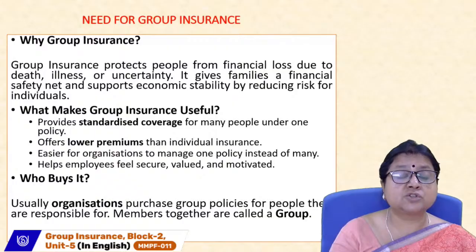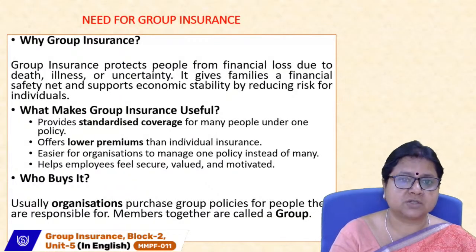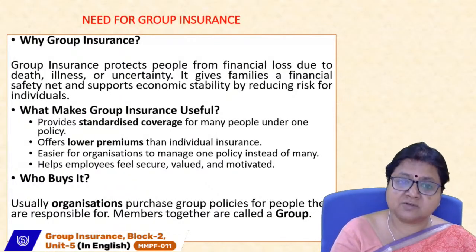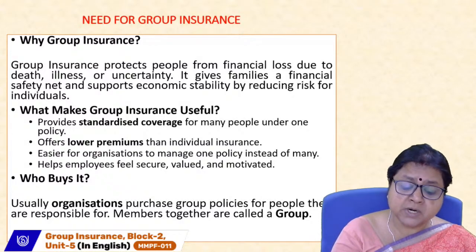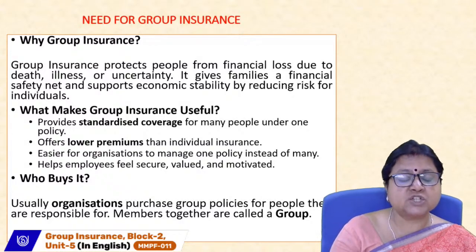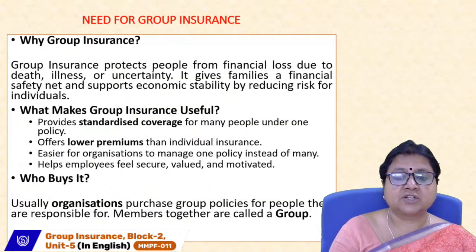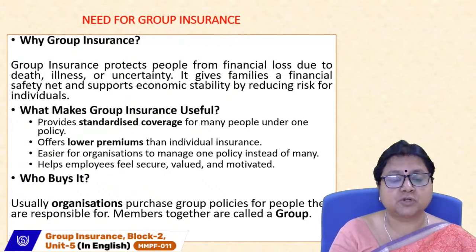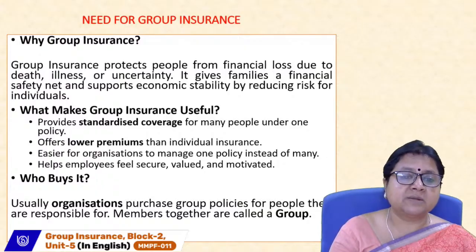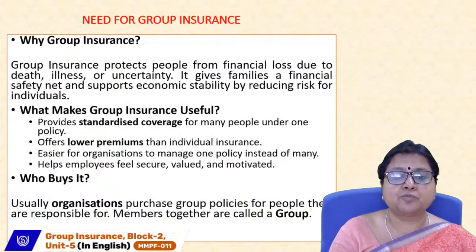There are also organizations who offer group health insurance. That means not only the employees of the organization, but the parents who are dependents of the employees are also covered in that type of group insurance. It happens with big reputed companies who can afford to pay.